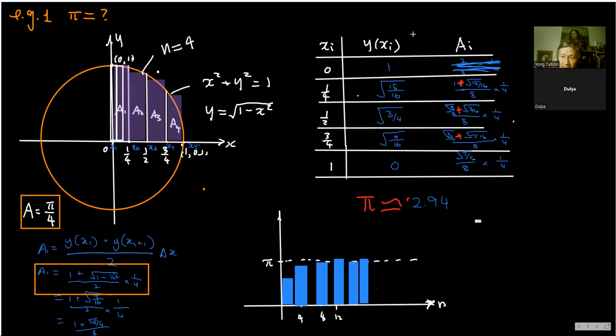The reason we started the Simpson method is to appreciate that if I use an accurate formula in which delta x approaches 0, so when n approaches infinity, delta x approaches 0.